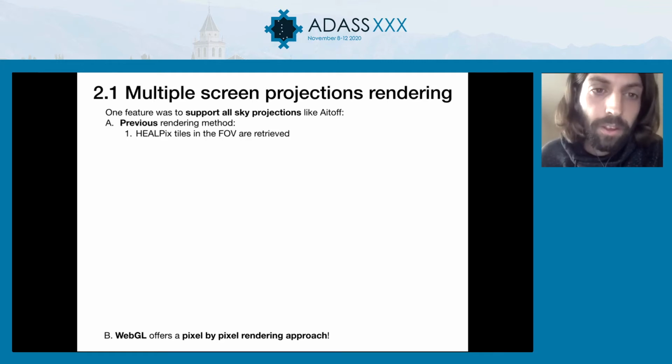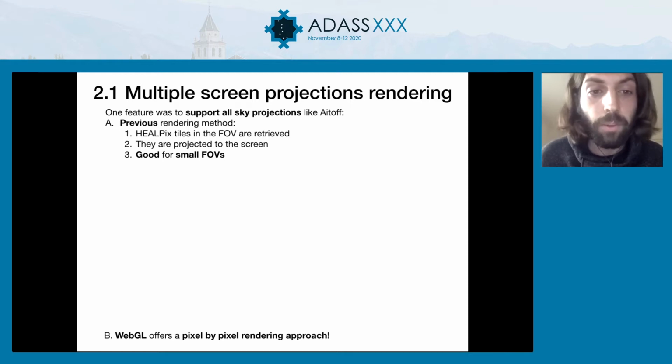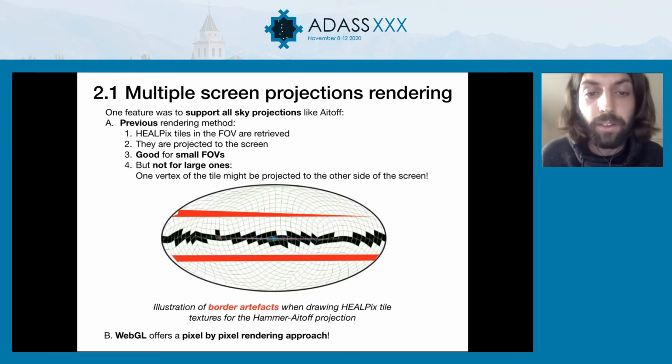First it retrieves the HEALPix cells that are in your FOV, field of view. Then it projects these cells on the screen. This is good if you are zoomed in, but if you want to see the whole projection, you will end up with that.